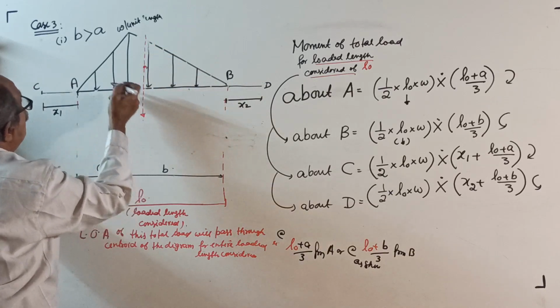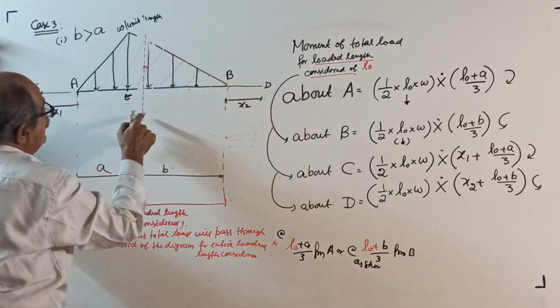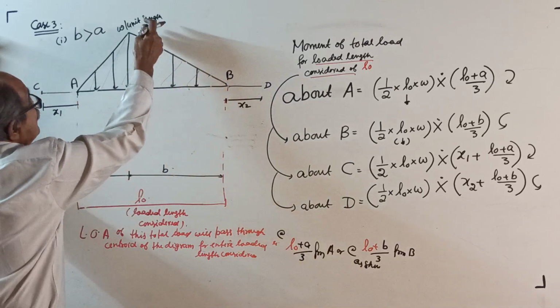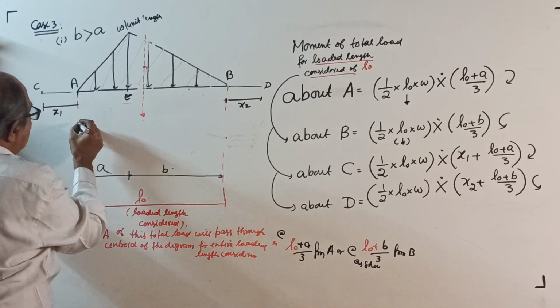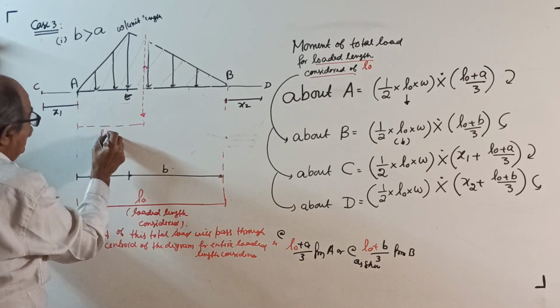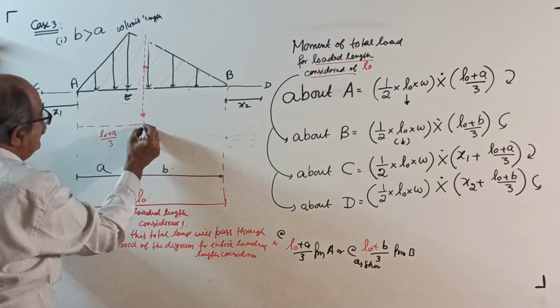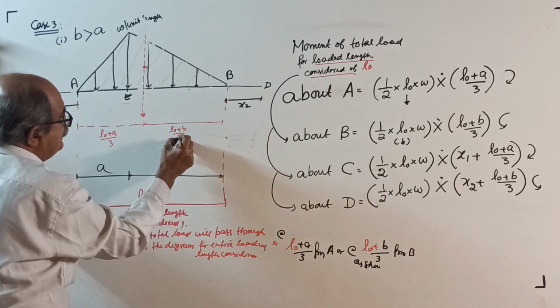This is the total load for the entire loaded length considered. Write here: line of action of the total load for the entire loaded length considered, L naught plus A by 3 from here, L naught plus B by 3 from there.